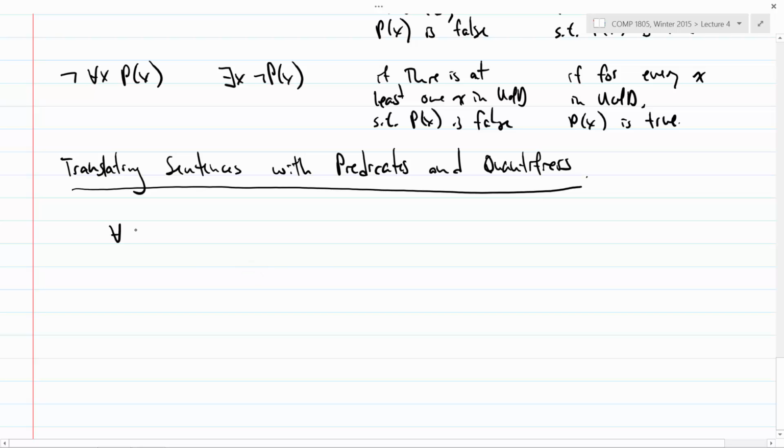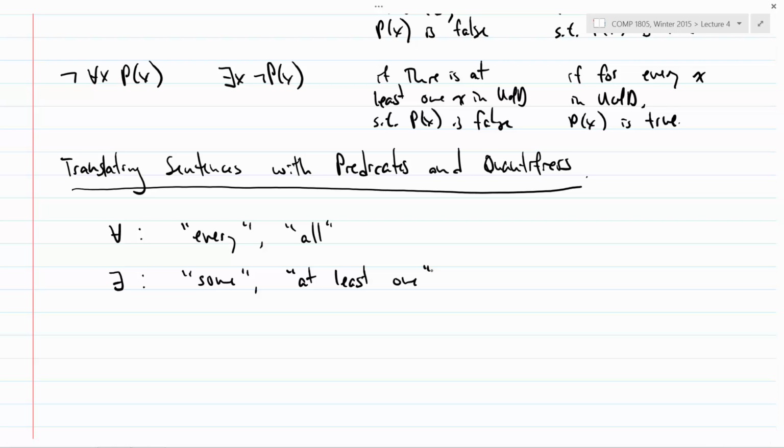For all, you usually look for words like every or all. Those are the common ones. For exists, you look for words like some or at least one. Those are the two common ones. Some is for existential quantification. That's an important thing to understand.